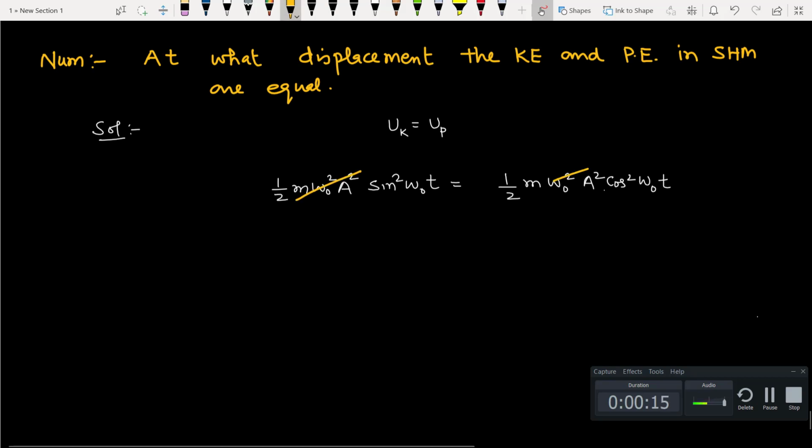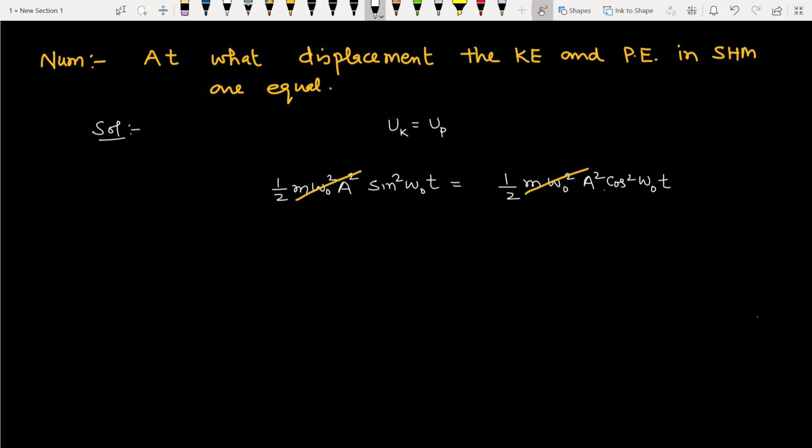This portion cancels. So we are left with sine square omega naught t equals cos square omega naught t.